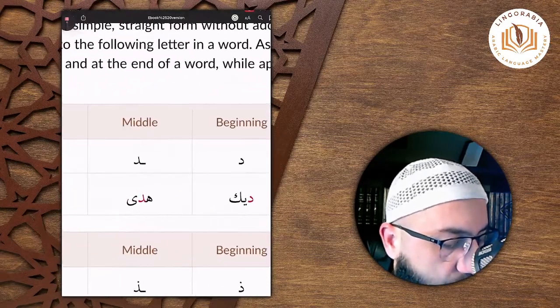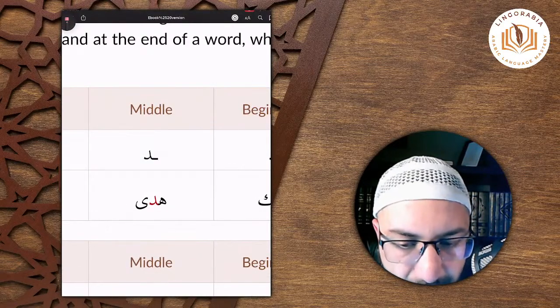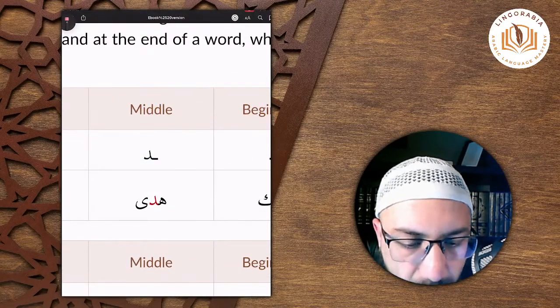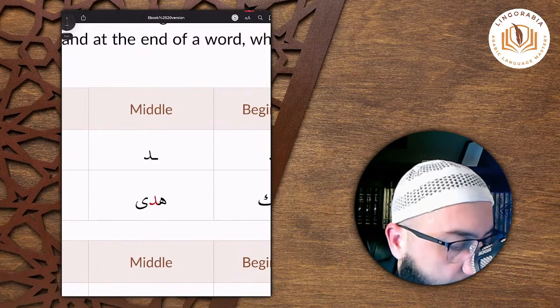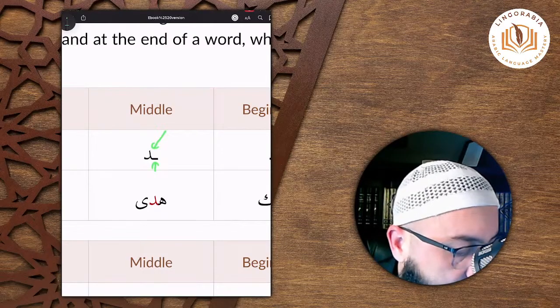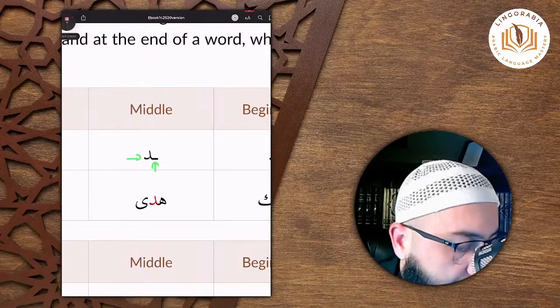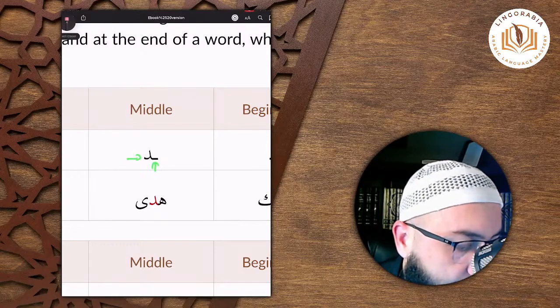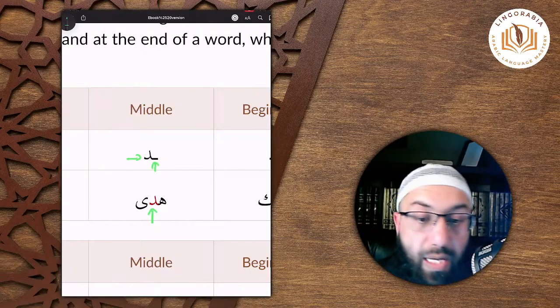Then we go to the dal in the middle of the word. So the dal in the middle of the word, its appearance will be like this. It connects with the letter before, but it doesn't connect with the letter after. You see this here, in this word.